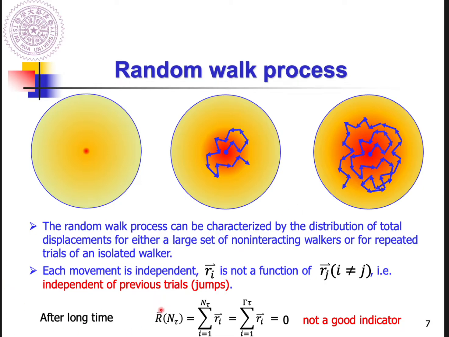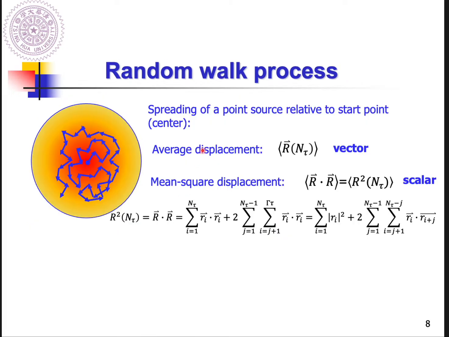If we cannot use the capital R, your textbook gives you another choice. Because capital R is a vector, in a random walk, as long as you sum all the vectors, the result always equals 0. But how about the mean square displacement? You dot capital R with capital R and take the average, and we call it the mean square displacement.